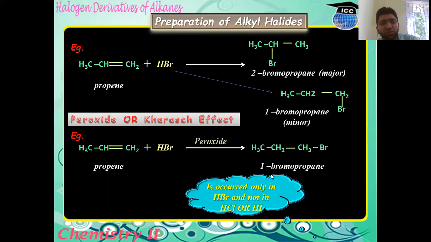In that case, we will get the major product as 1-bromopropane, exactly opposite to Markovnikov's rule. This is known as the peroxide effect or Kharasch effect, but it applies only to the addition of HBr and not to HCl or HI.